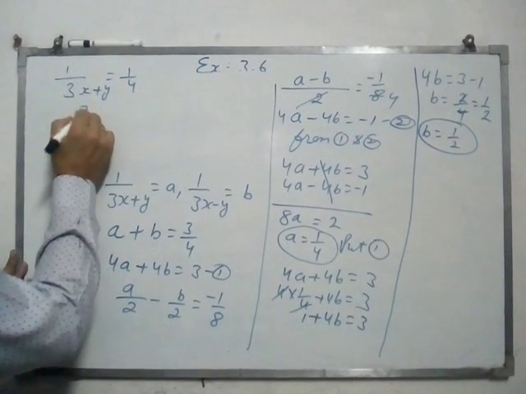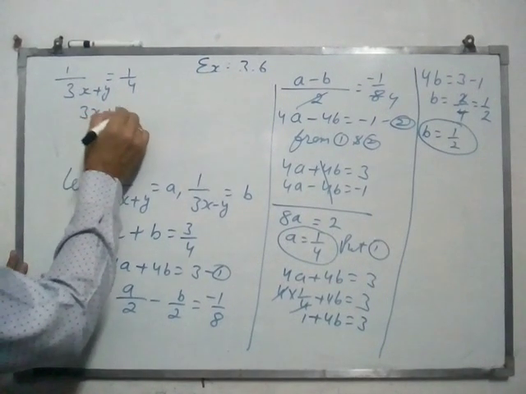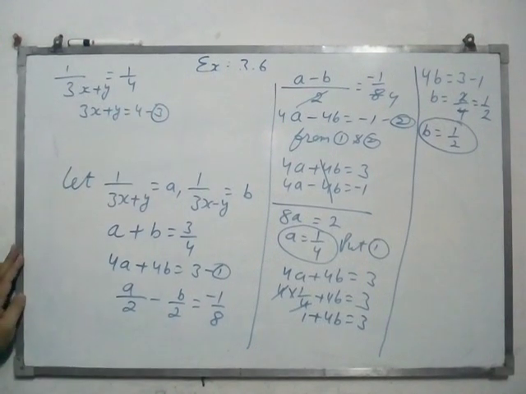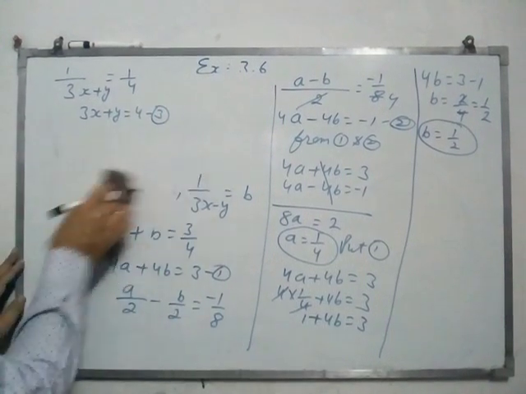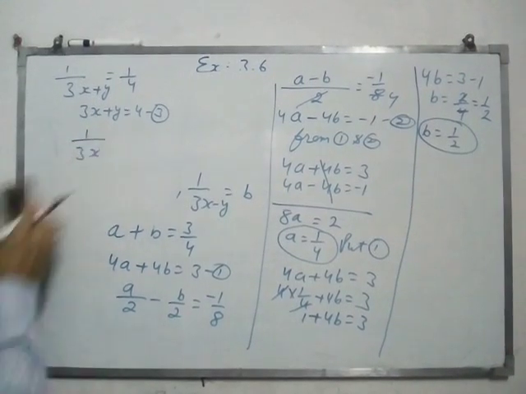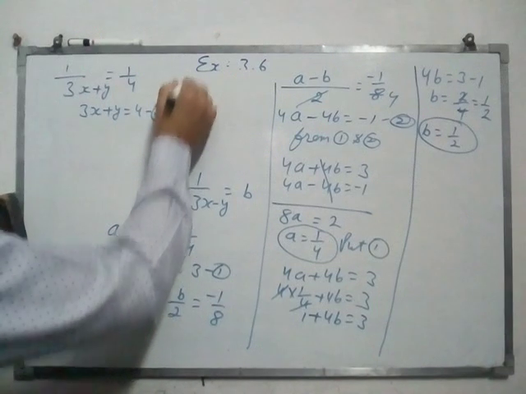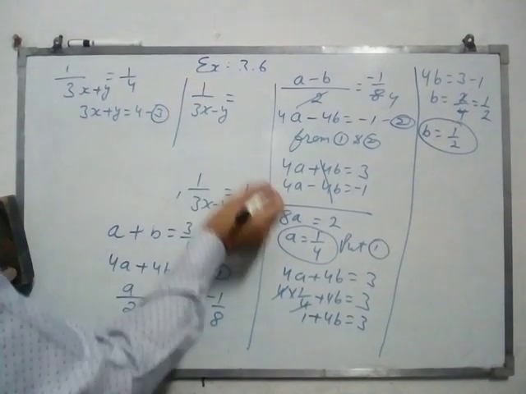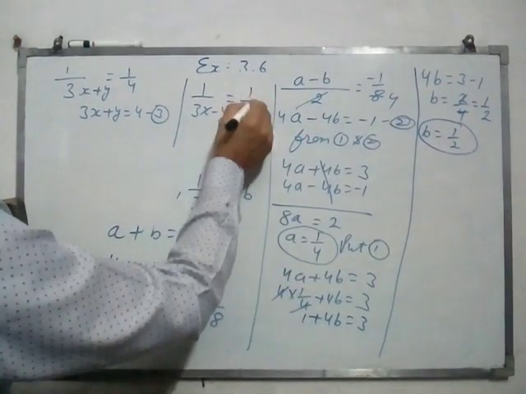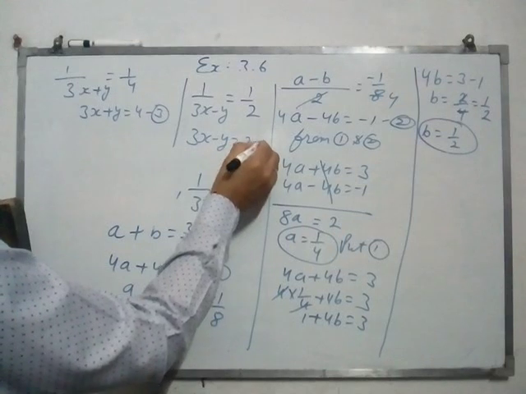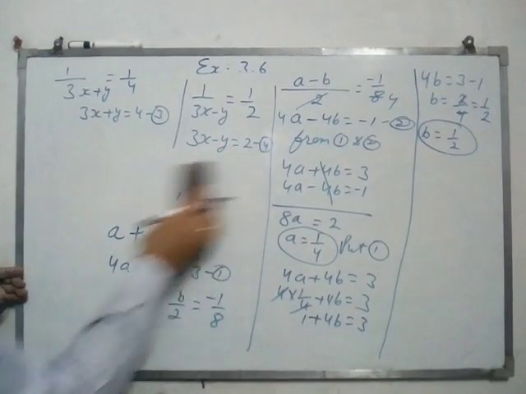So it becomes 3x plus y equal to 4. It becomes equation number 3. And similarly, we know that 1 upon 3x minus y equal to b, that is 1 upon 2. So it becomes 3x minus y equal to 2. It's equation number 4. Right?